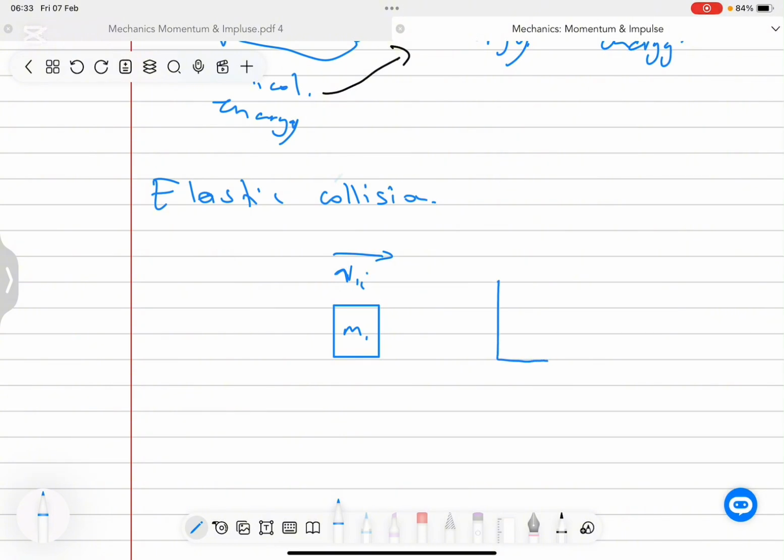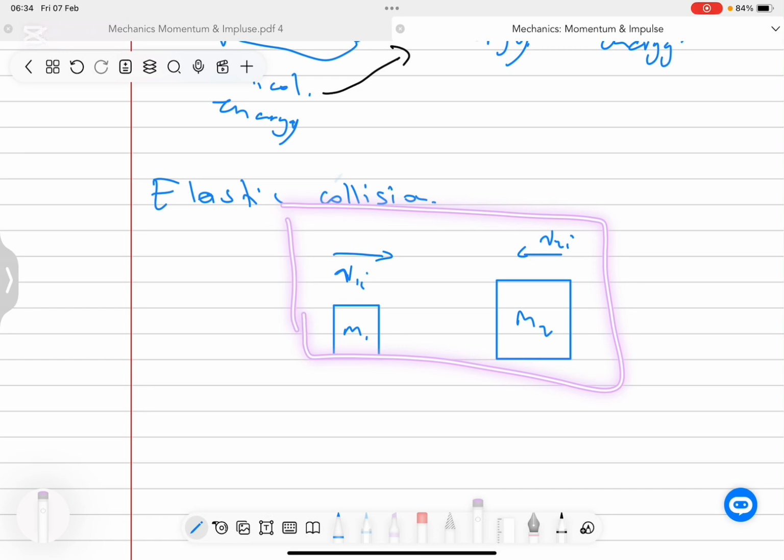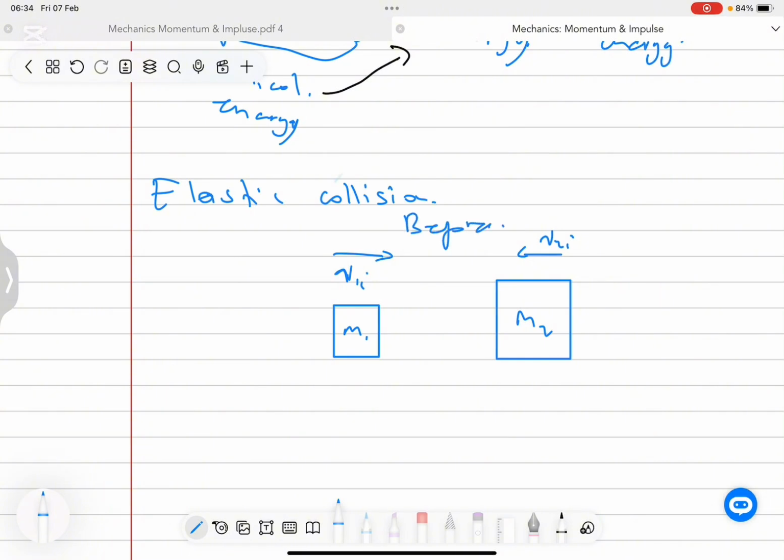Let's say we have another object here, which we call M2, and it is moving with some velocity here, V2 initial. Obviously, we can see that this becomes a system because I have two objects that interact with each other. They will collide with each other. So this would be before the collision.